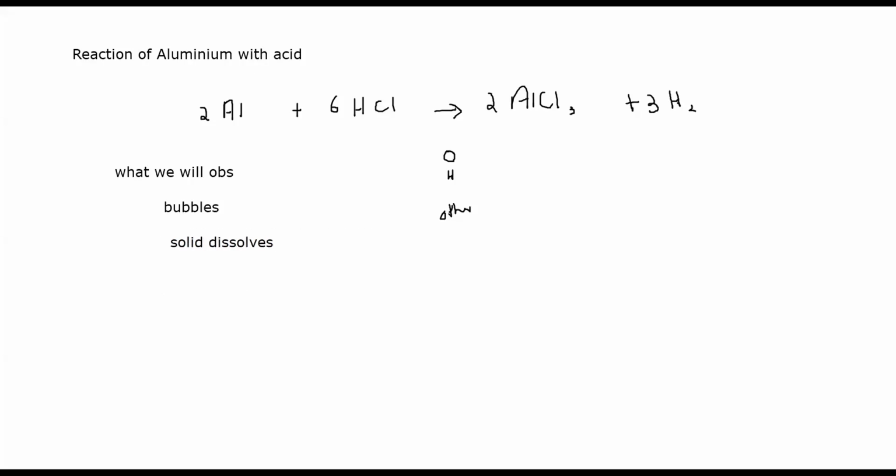These are the observations. So if I say sketch a graph for the volume of hydrogen collected versus time, we observe a different type of graph.